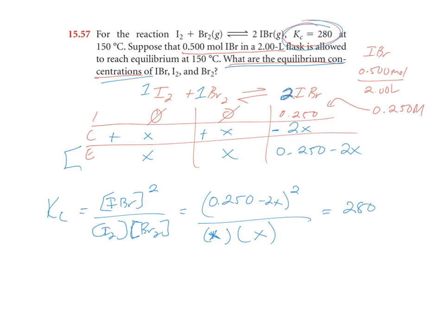Now, at the bottom here, I have x times x, which is x squared. In the numerator, I have a squared value, so if I take the square root of both down here, I just cancel out those squares.